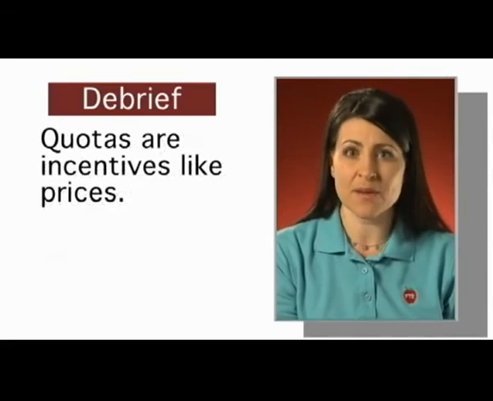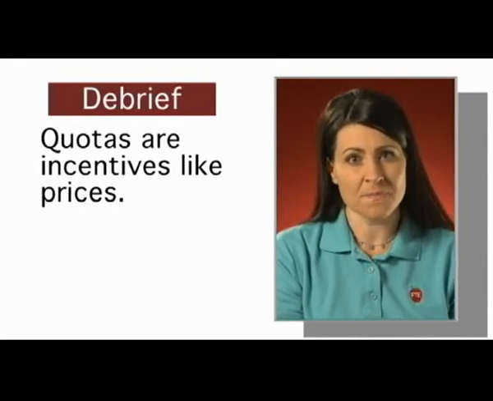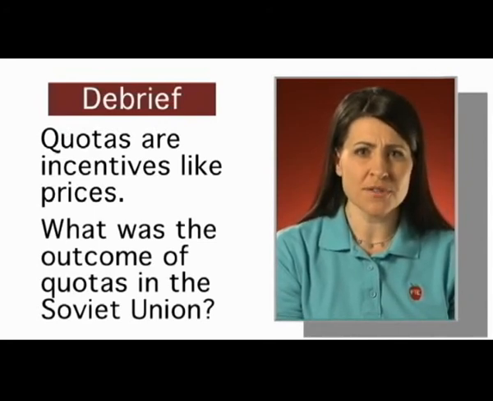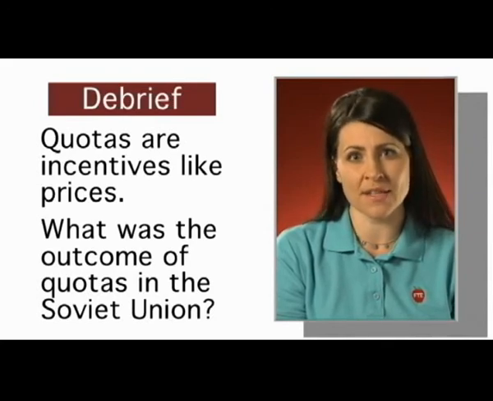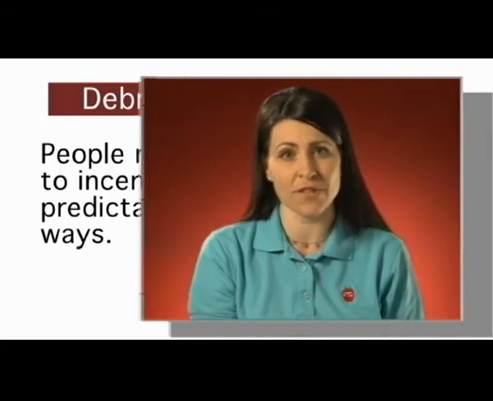Quotas are incentives like prices, and they were a common incentive in the Soviet Union, but they resulted in very different outcomes. Putting your students in the role of detective will allow them to discover the major economic concept of this activity, that people respond to incentives in predictable ways. And that is a powerful insight, because the key to understanding human behavior is understanding the incentives that people face.